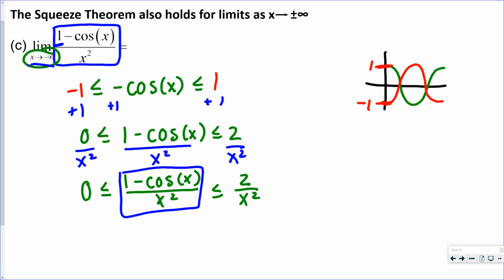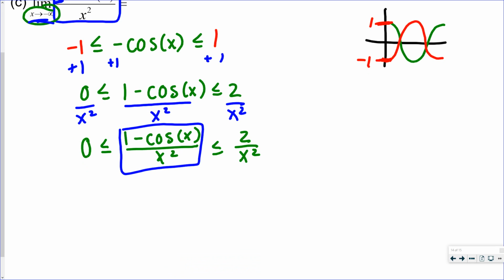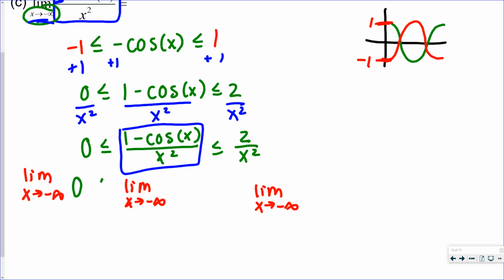Now I can take the limit of all 3 sides of this compound inequality we have set up here. I can take the limit as x approaches -infinity of all 3 sides and see if there's anything I can confirm after looking at this.